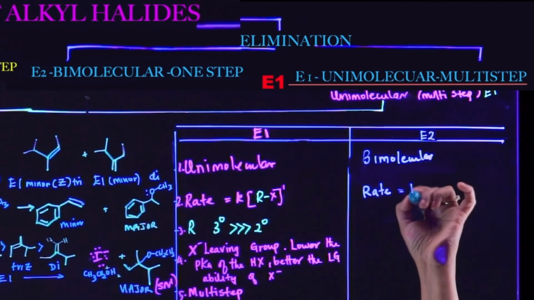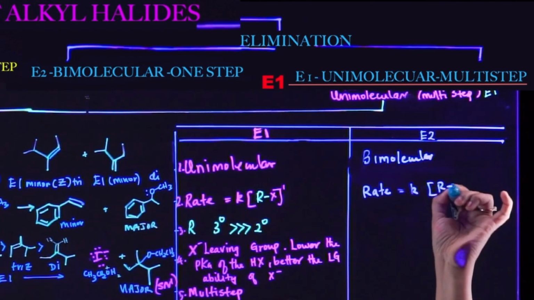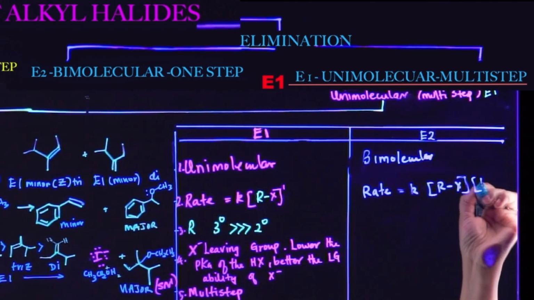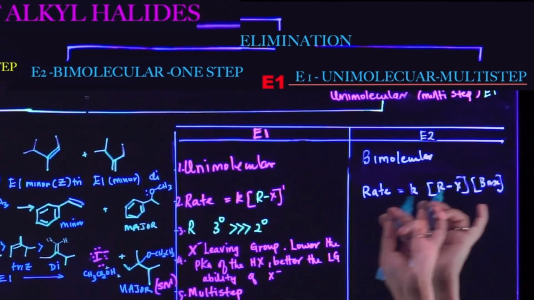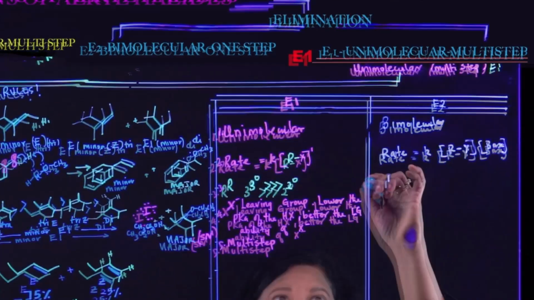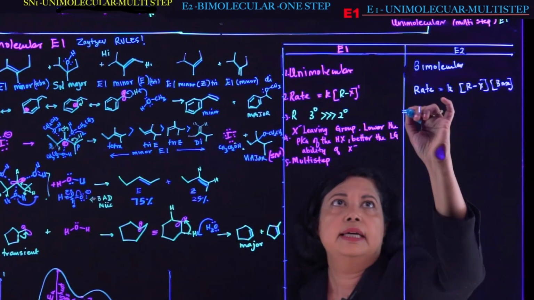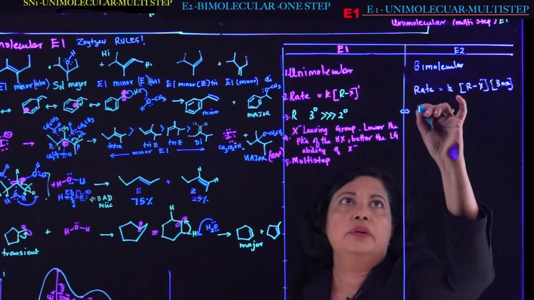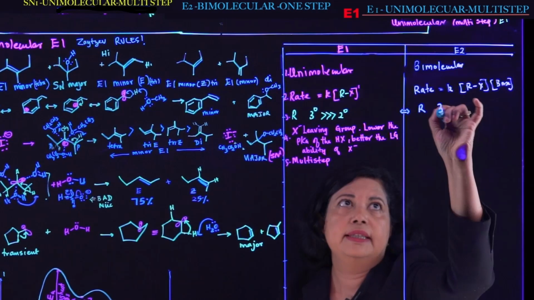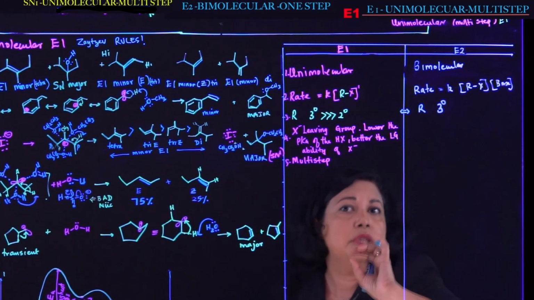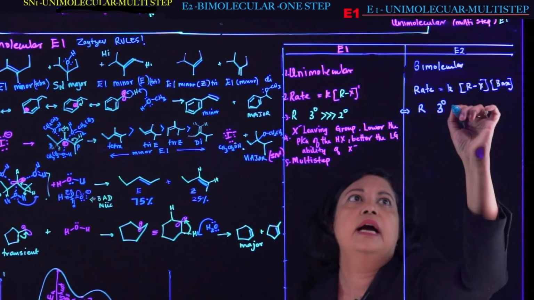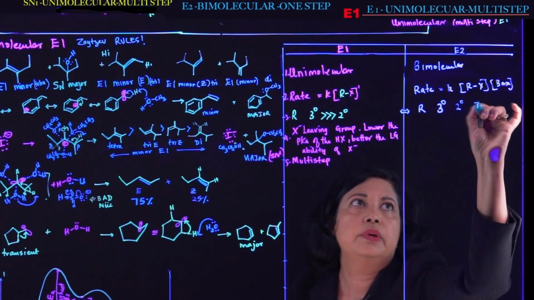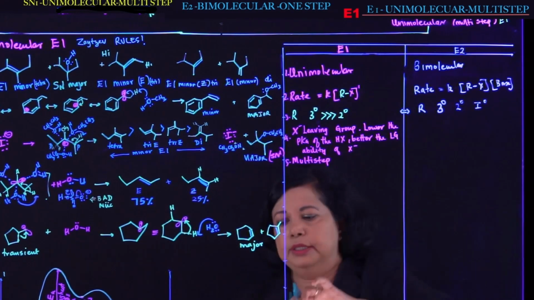So there have to be two molecules there, the Rx and the base. This is a similarity here. Now put that over here. R group being tertiary is an advantage here because you'll get a more substituted alkene. But it can also happen on secondary and primary, whereas here it's mainly tertiary.